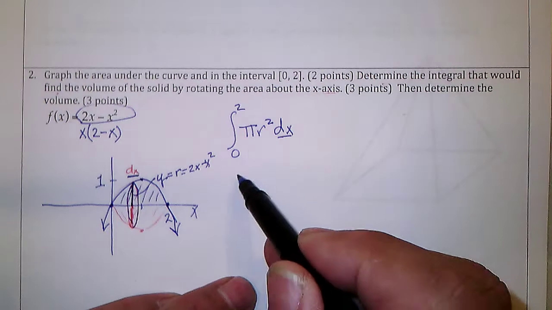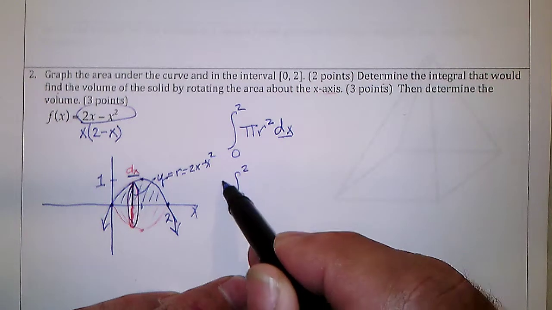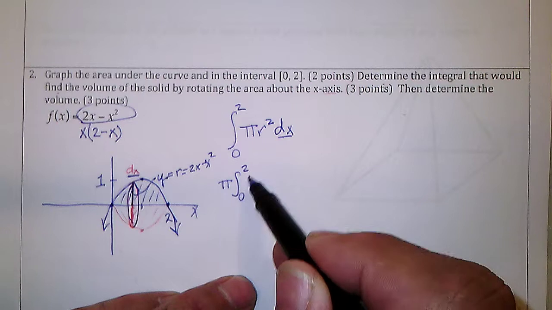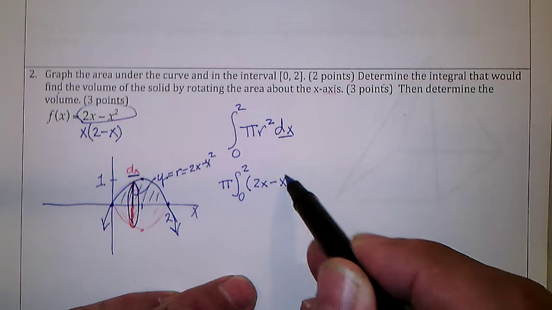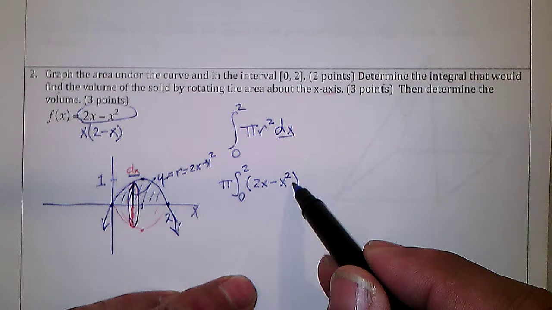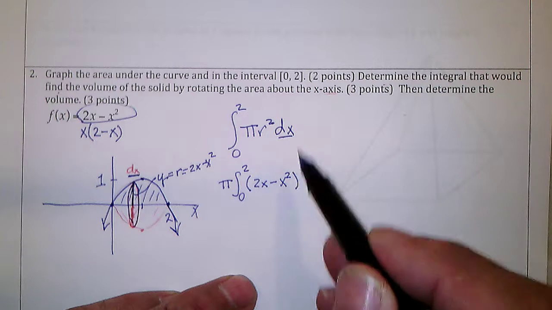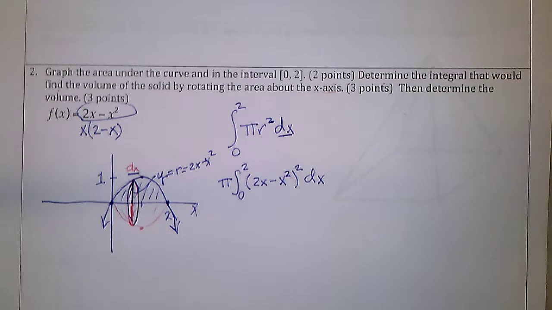So we're going to have the integral from 0 to 2 of pi, which is a constant coming out, 2x minus x squared. That's the radius, and it has to be the radius squared dx.